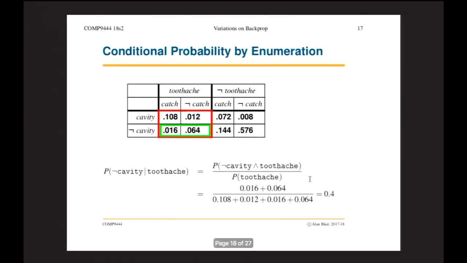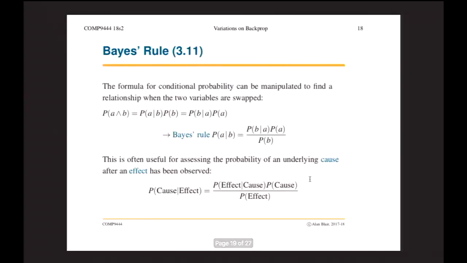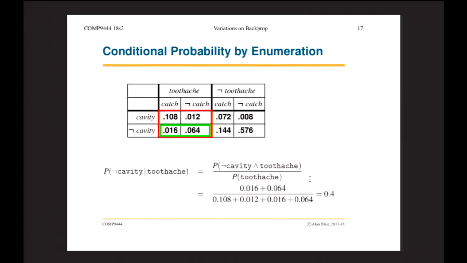Okay, so Bayes' rule. Now, we often think about this as cause and effect. So this is, what did we have here? Probability of cavity given toothache, right? So the cavity is the possible cause of the toothache, right? It doesn't have to be this way, but we usually use it to calculate the probability of the cause given the effect.